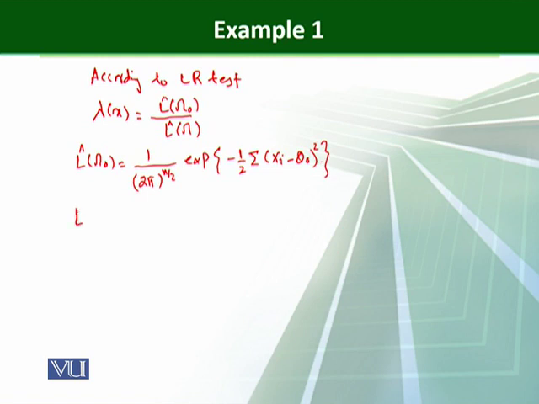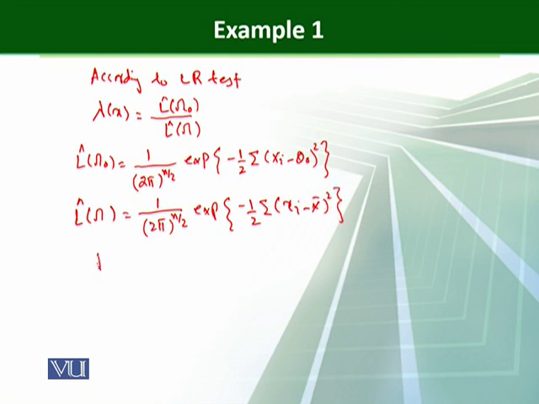And the likelihood function based on the full parameter space, L hat of capital gamma, is 1 over 2 pi raised to power n over 2 into exponential minus 1 over 2 sum of xi minus x bar squared.